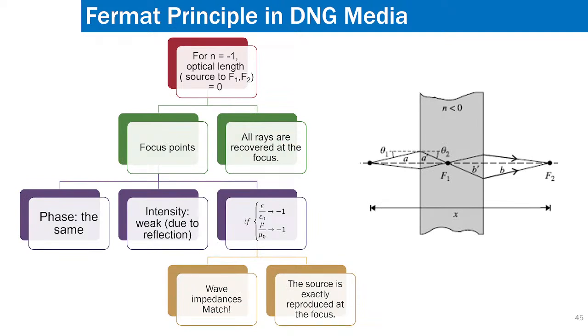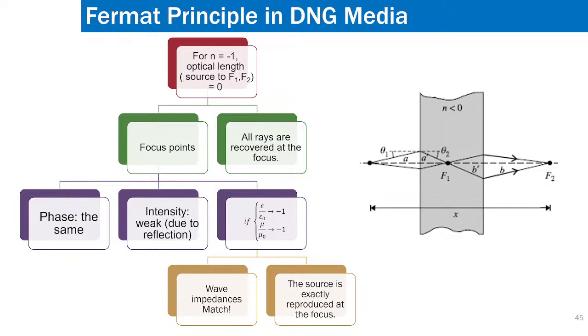Now let us consider it with one simple example. Let us consider the slab that we considered earlier. The slab is a DNG slab, double negative material slab or negative refractive index slab. Within the slab, n is negative, n is less than 0. We have a source point. From this source point, the light travels, and within the slab, the light is focused onto the point F1.